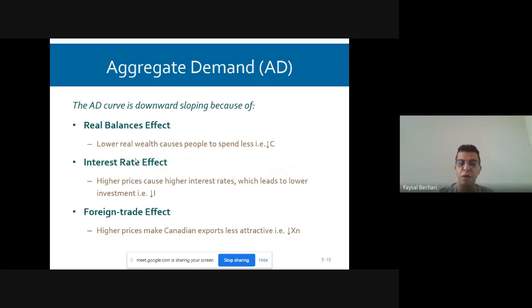And the foreign trade effect: the higher price makes Canadian exports less attractive. When you take it outside Canada, it becomes more expensive and less attractive for the people outside.